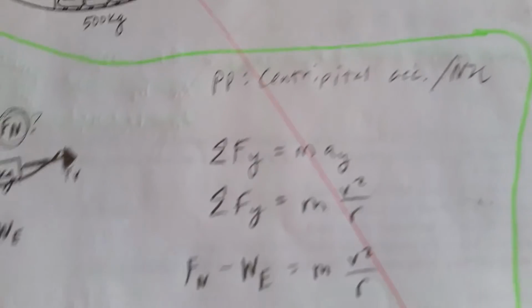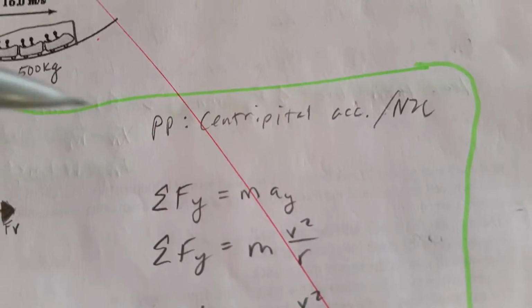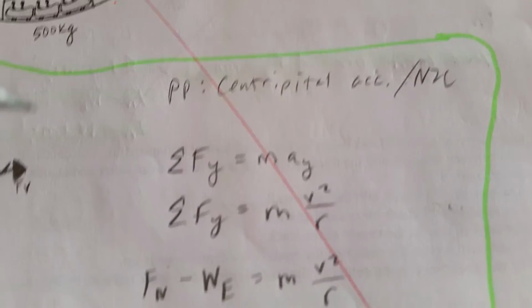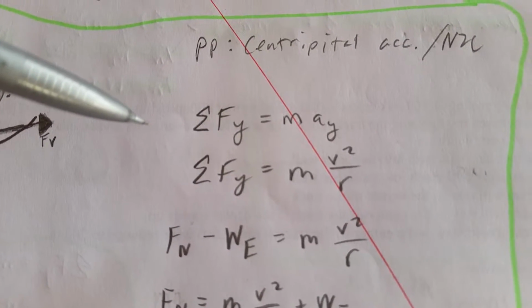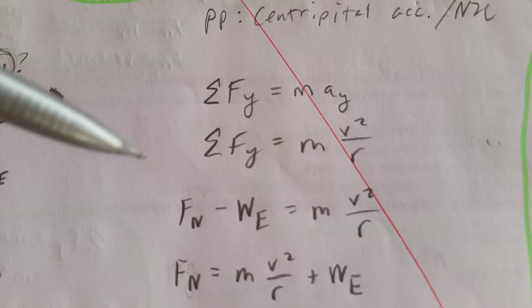The physical principle for fixing the problem was centripetal acceleration in Newton's second law. So the sum of the forces in the y direction equals m times the acceleration in the y direction.